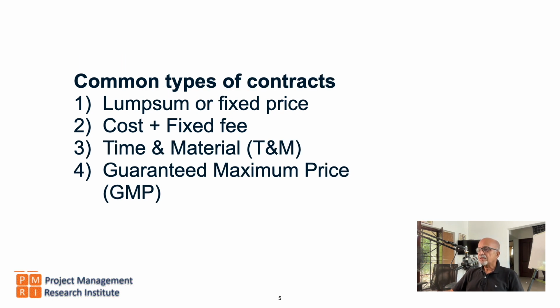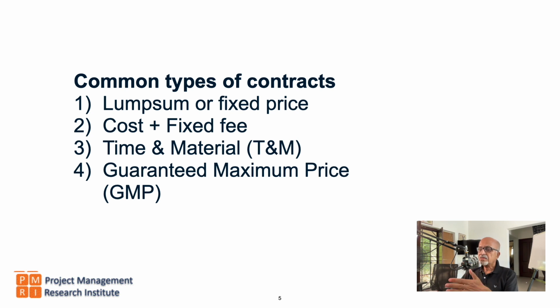Common types of contracts: we have lump sum or fixed price. In a fixed price contract, the cost risk is with the seller. The owner requests a proposal or a bid, and the contractor or the seller provides a fixed price or quote.